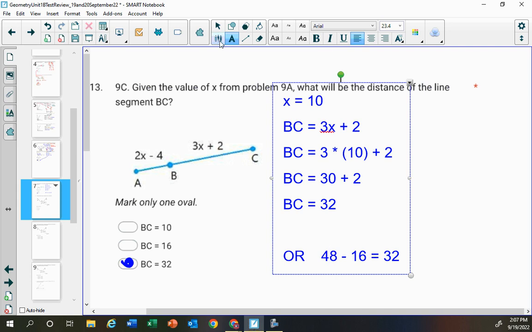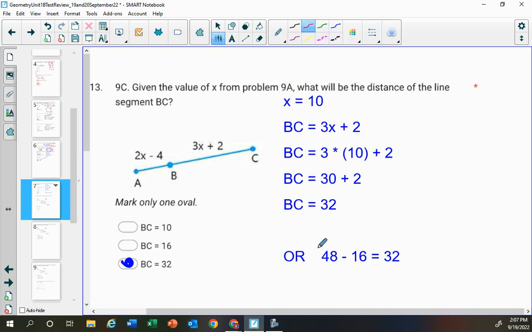Because remember, 48, I'm going to use the pen, was AC minus AB. Questions? Anybody have any questions on this problem?